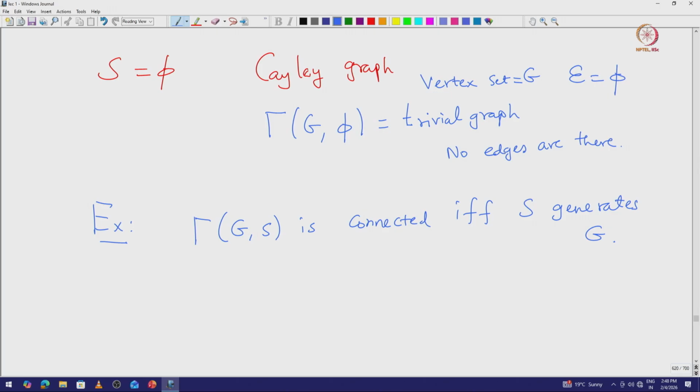That means any two vertices of gamma G S can be connected by a path, and that tells you that you can go from one element to another by multiplying by elements of S. For example, you can connect any element with the identity by a path, so any element can be obtained by just multiplying by elements of S.